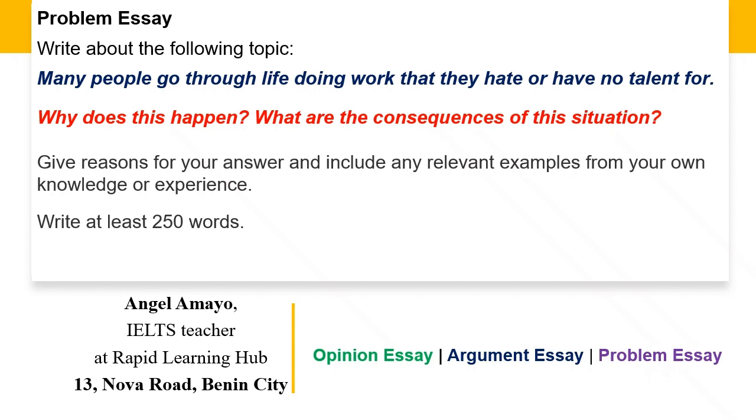What are the consequences of this situation? And finally, the specification, it says, give reasons for your answer and include any relevant examples from your own knowledge or experience. Now, you have seen an example of each of the 3 essay forms that you might be given to write on your test day.